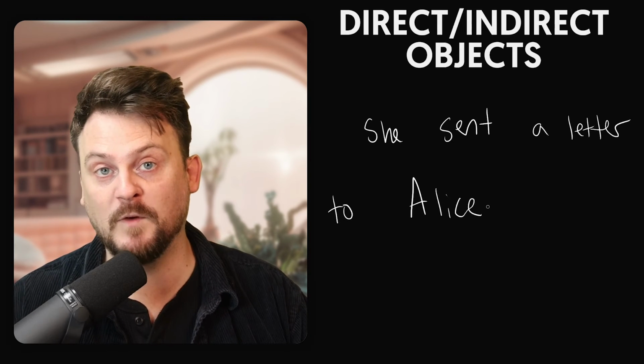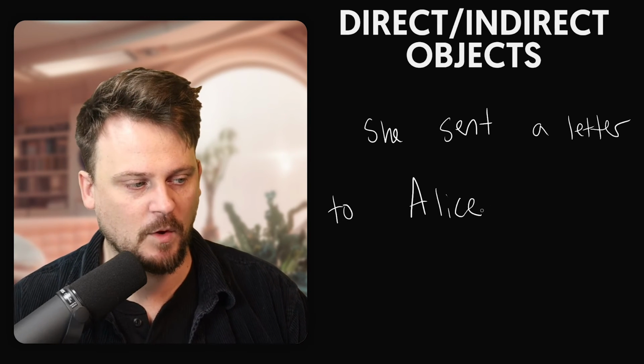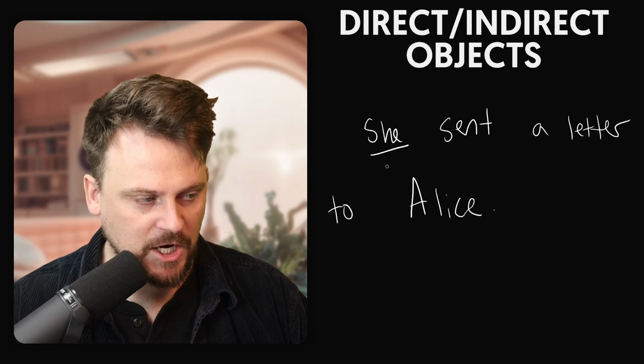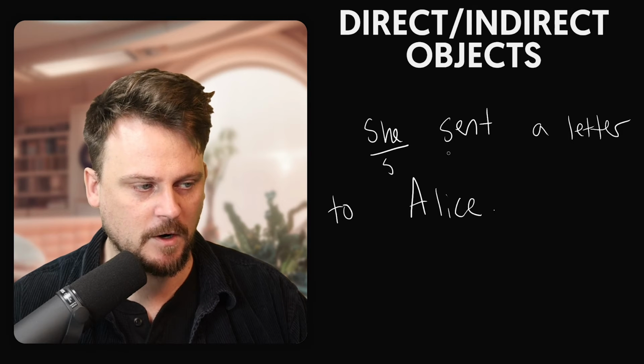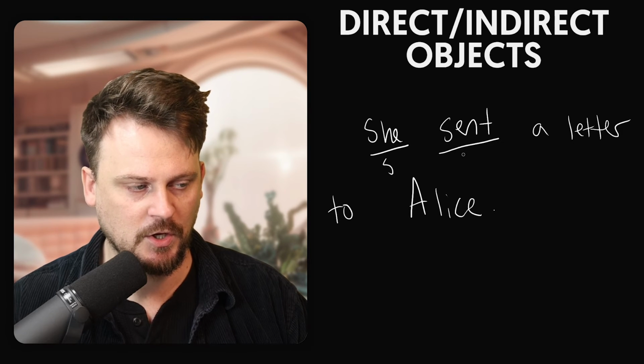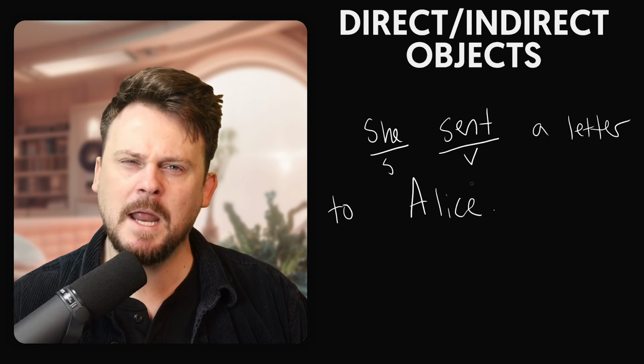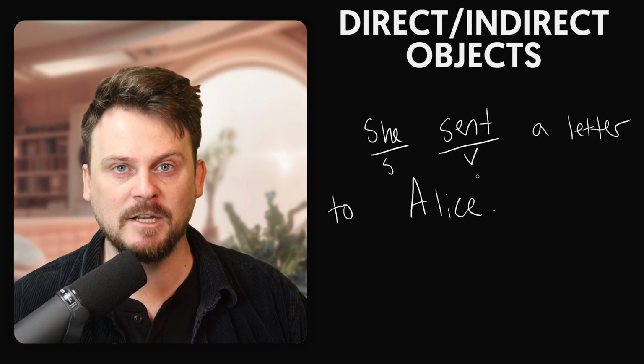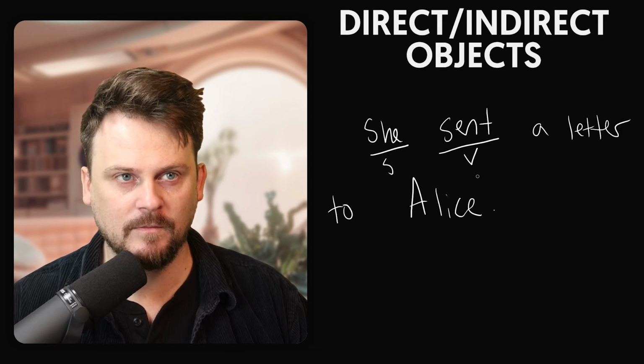But you can say her friend, it's the same. I just want to avoid any confusion, okay? Again, we have she. What is she? Subject, verb, sent. But now, what did she send? A letter.